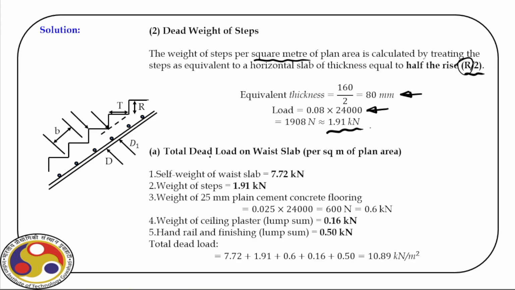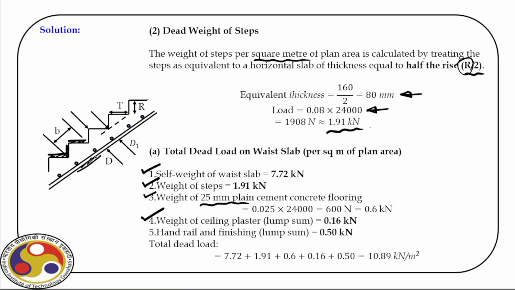Then the total dead load of the waist slab. We have the contribution from number 1, self weight of waist slab, then weight of steps, and then we have to provide a flooring. For that we consider 25 millimeter plain concrete. Then we have to provide the ceiling plaster.